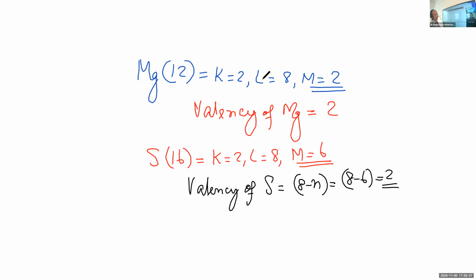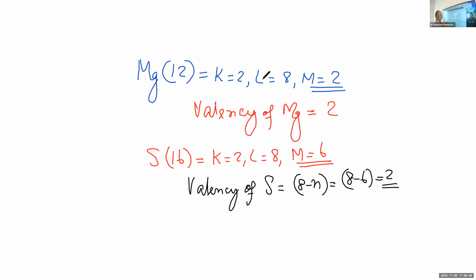I had defined the valency in 2 ways. That is the number of electrons present in the outermost shell, n, or 8 minus the number of electrons present in the outermost shell, that is 8 minus n.